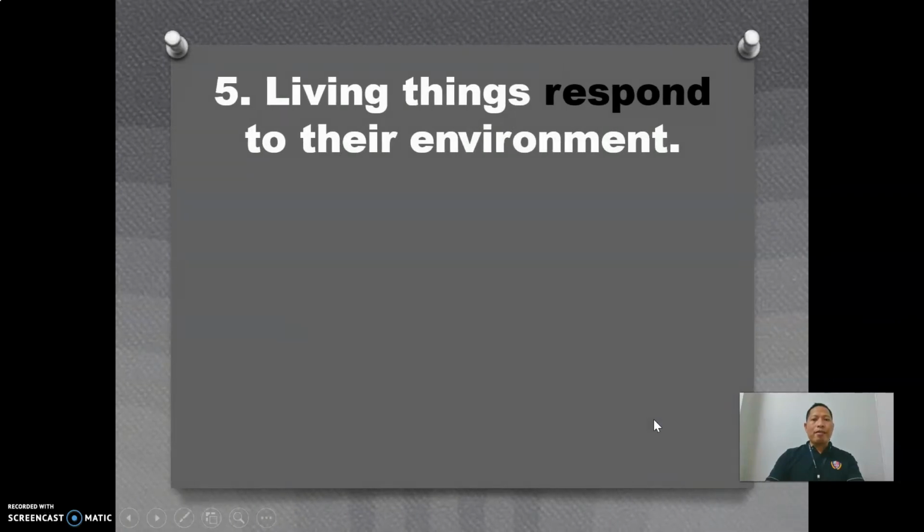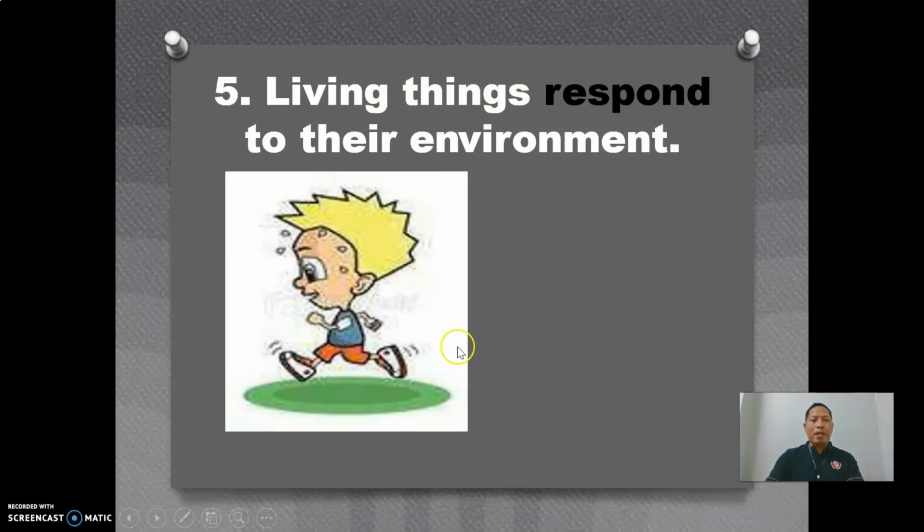So next, living things can respond to their environment. What does that mean? It means that if you walk, if you run, if you jump, you are sweating. You know sweating? You have sweat, water from your forehead.